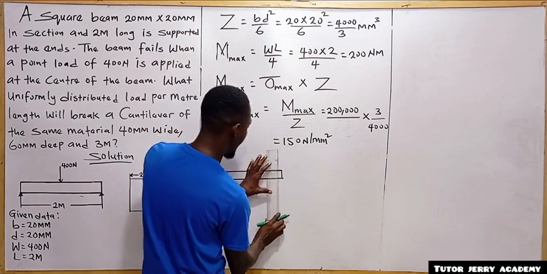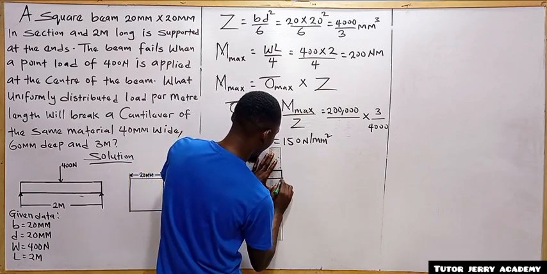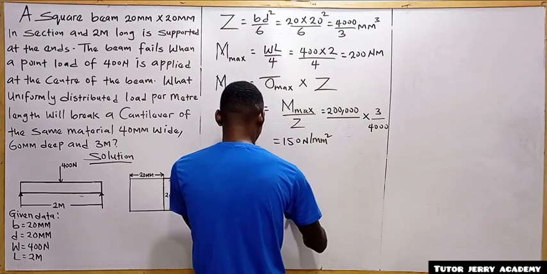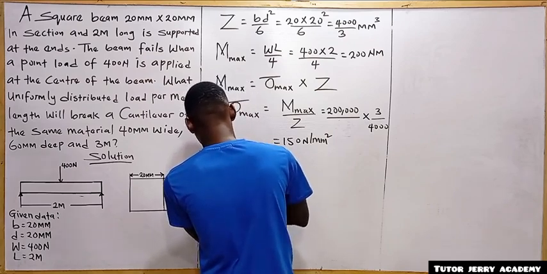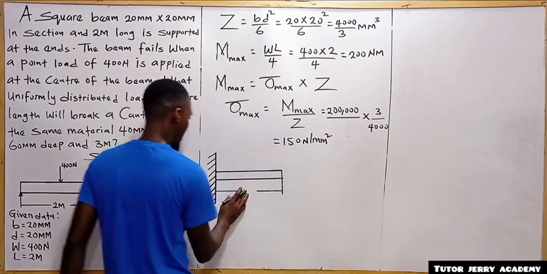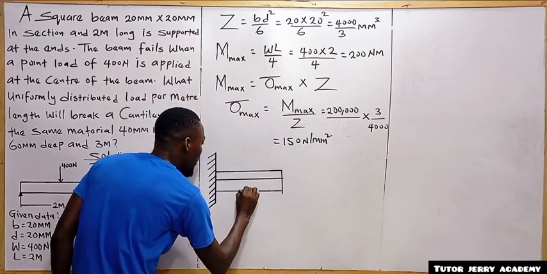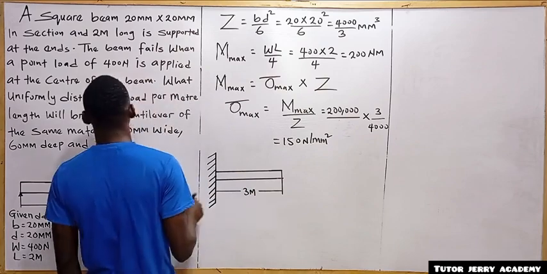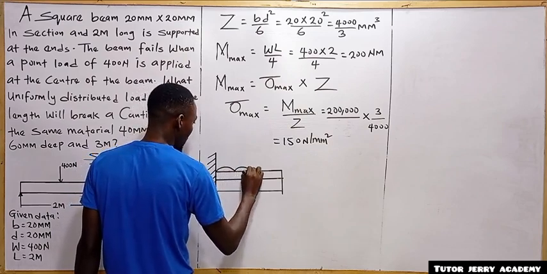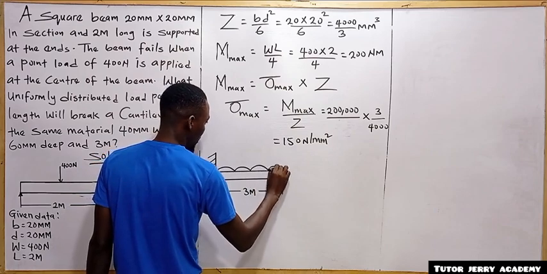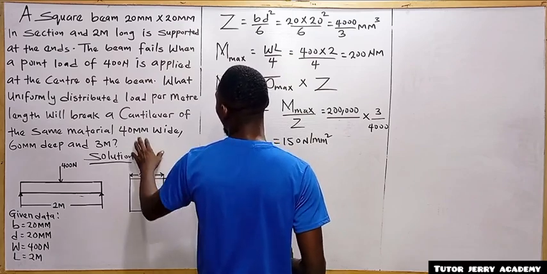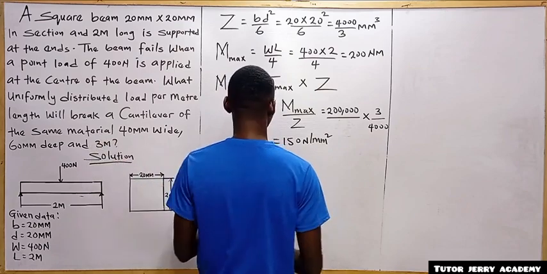This is a cantilever beam, and we are told that the length is 3 meters. So this is 3 meters, and it's carrying a uniformly distributed load. Now the section is 40 millimeters wide and 60 millimeters deep.